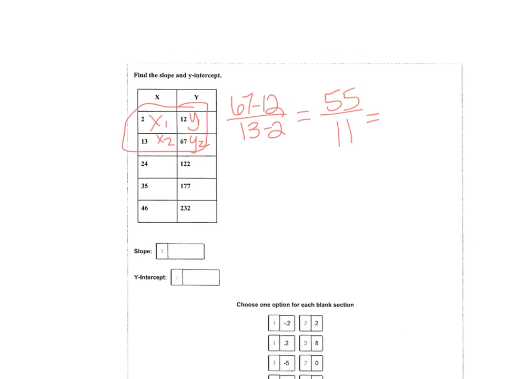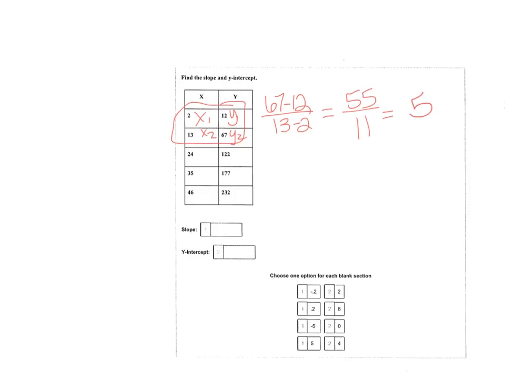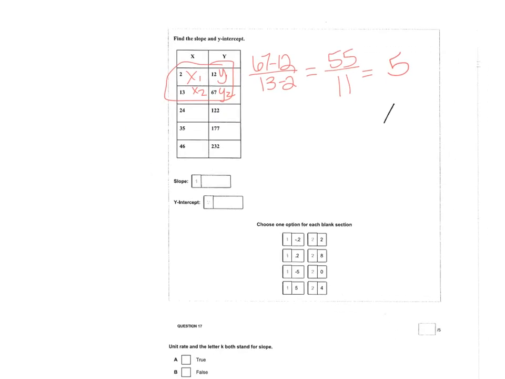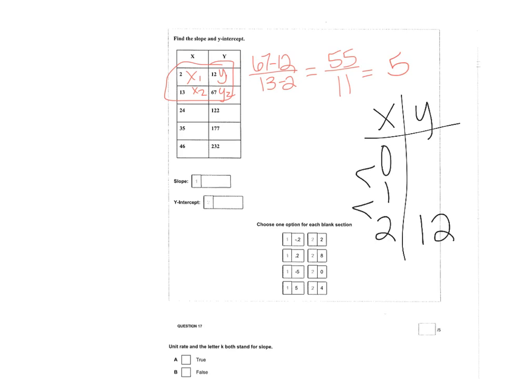When we divide those two, we get 5. So that's your slope. Now to get your y-intercept, you've got to work backwards. I'm going to start with the 2 since that's the closest to 0, and I've got to work backwards until I get to 0 over here. That means I'm subtracting the slope 2 times until I get here.